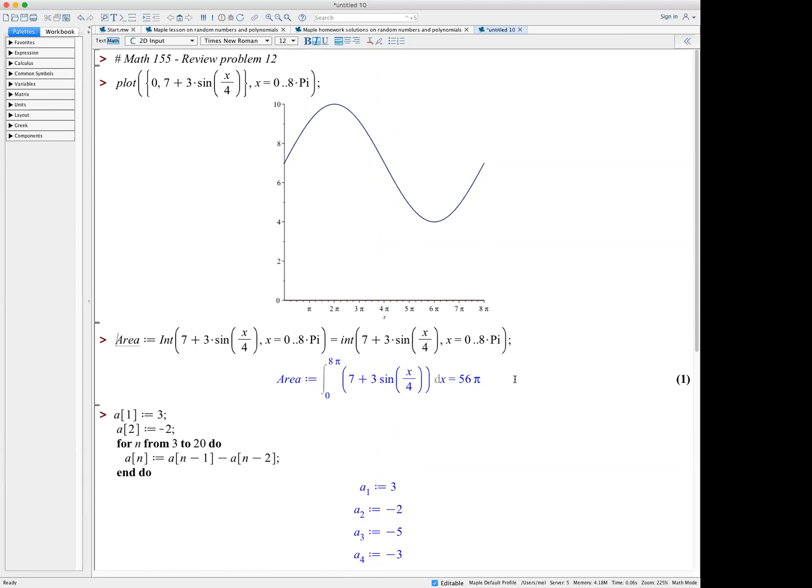There's no other possibility. In fact, if you look at this carefully, you'll see this is the horizontal line, y equals 7. This area right here equals this. So this integral is going to be exactly the same as the area of this rectangle, which is 7 times 8 pi, or 56 pi. So this is definitely correct.